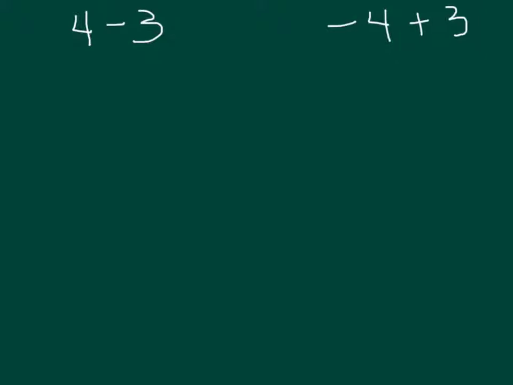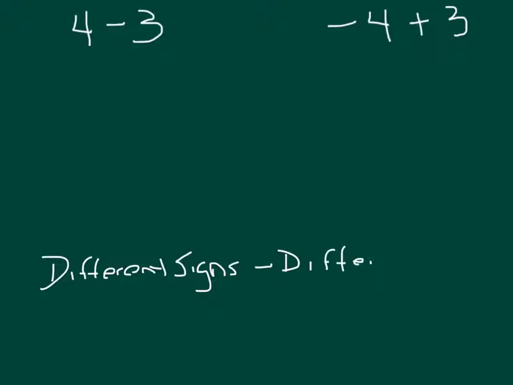Well, this time, because we've got a positive 4 and a negative 3, we have a positive and a negative, which means we have different signs. And when you have different signs, you get the difference between the two numbers.